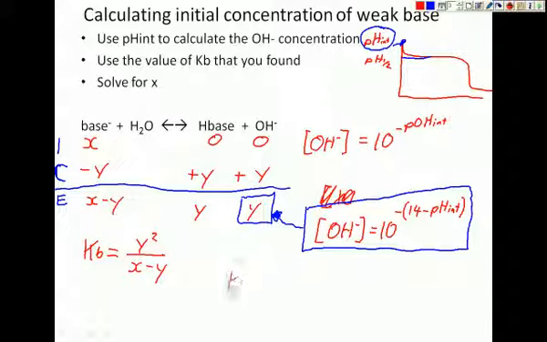Kb is equal to 10 to the minus 14 minus pH at half.